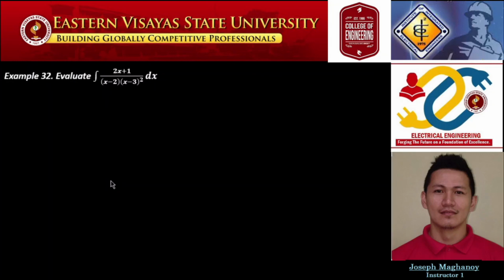Okay, so let's have an example. Example number 32. Evaluate the integral of 2x plus 1 all over quantity x minus 2, x minus 3 squared. If we observe, we have a power of 2 and 1, so we have 3. It means that we have 3 partial fractions.